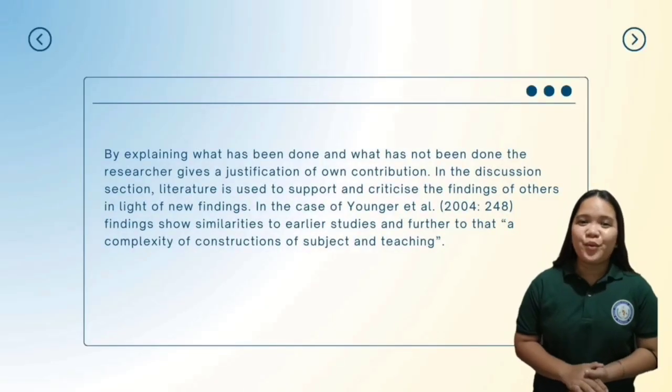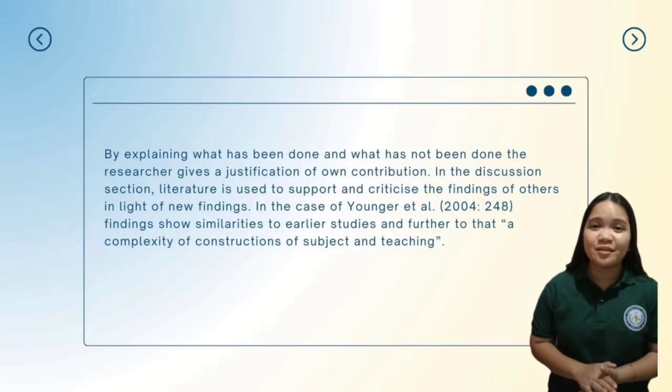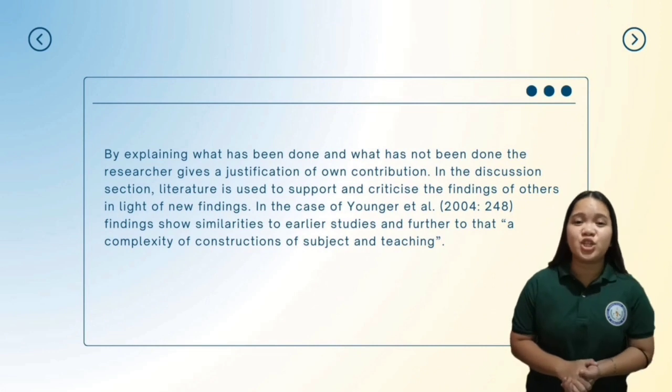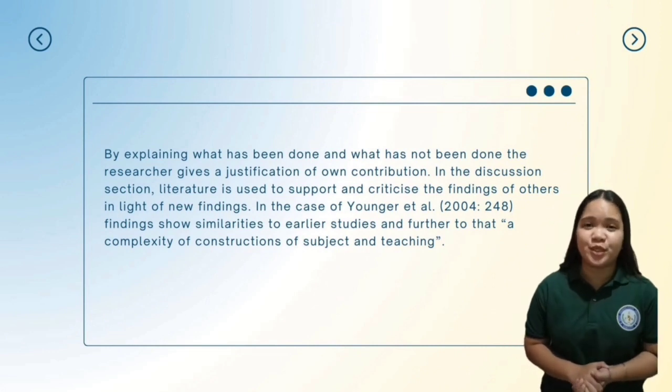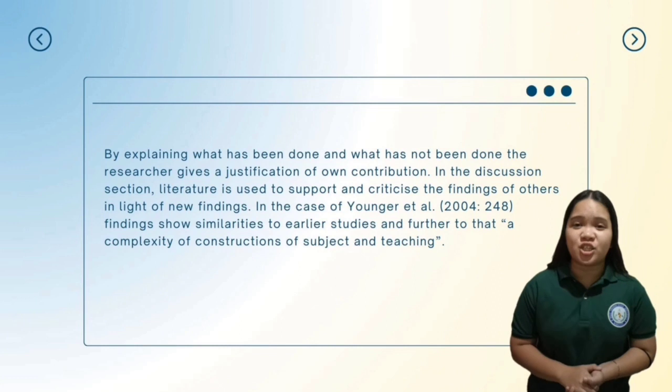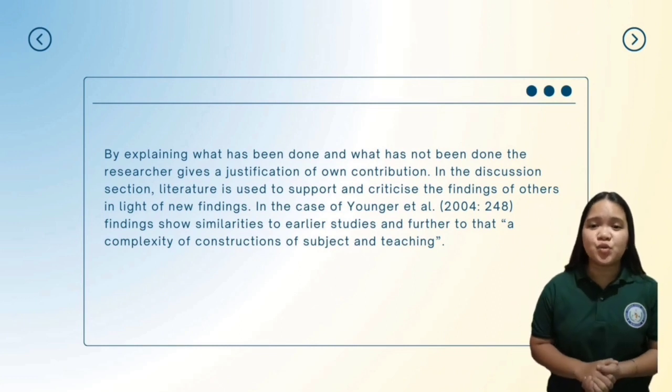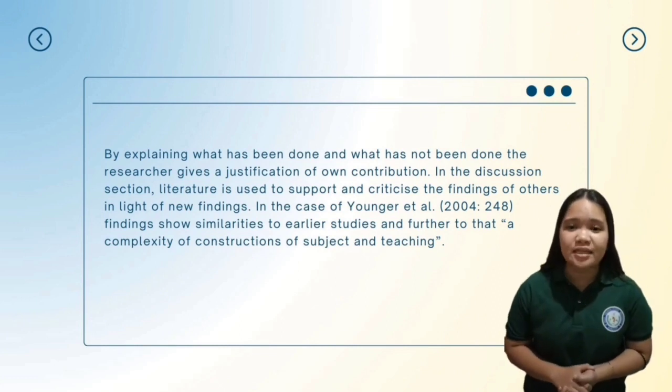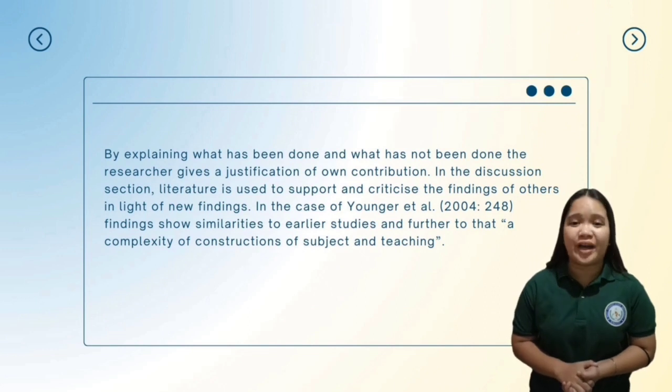By explaining what has been done and what has not been done, the researcher gives us justification of own contribution. In the discussion section, literature is used to support and criticize the findings of others in light of new findings.